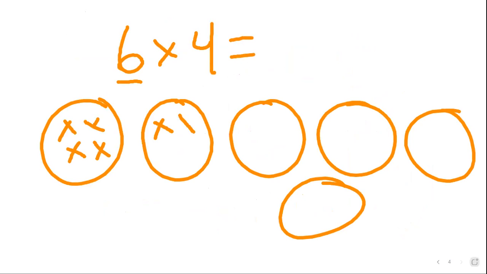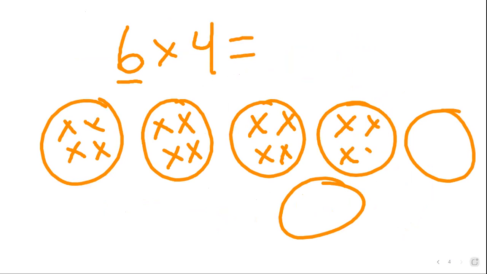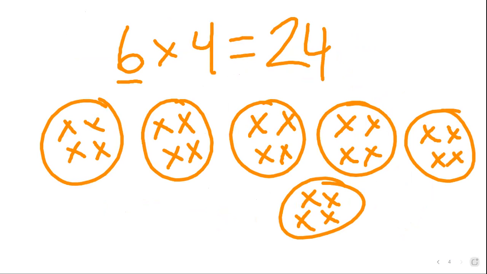So these are your circles and stars. If this strategy works for you, by all means, please use this strategy. Okay? We'll say this strategy gets a little bit more difficult when we have bigger numbers, but it's a great strategy to use. We should still get 24 altogether. If you want to do skip counting, you could also do skip counting, okay? Whatever strategy works for you.